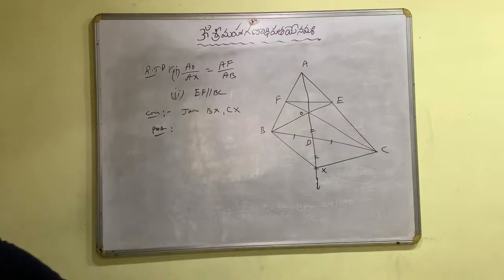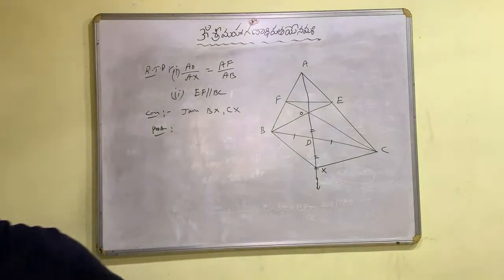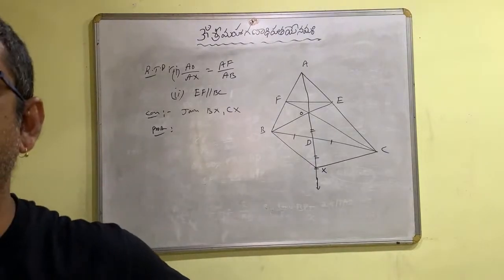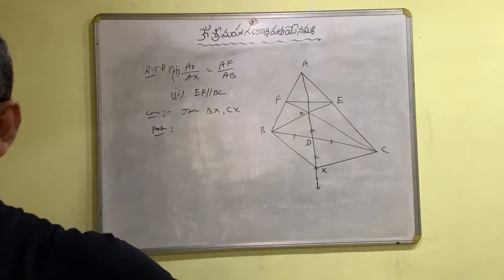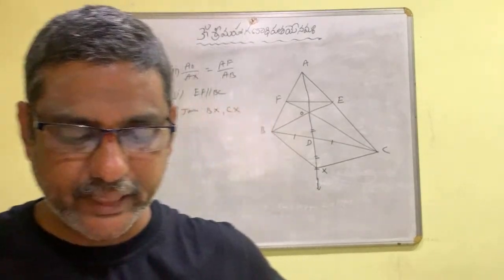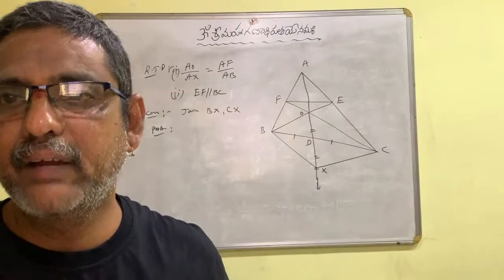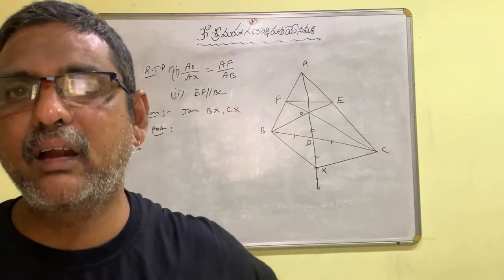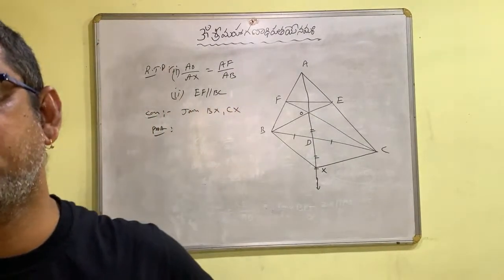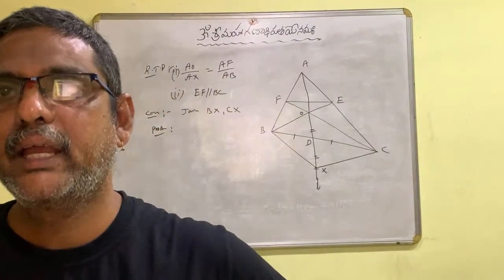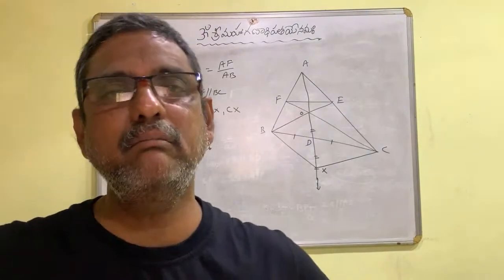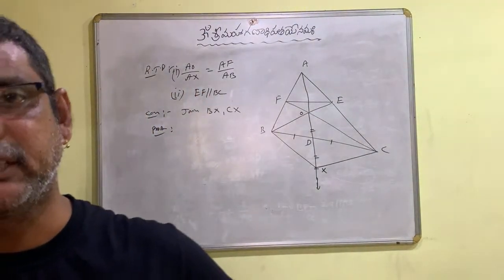Yes, diagonals bisect each other. Maybe my drawing was not good. But if you see the figure in the textbook, you cannot find one diagonal longer and one diagonal shorter. Basically it is a parallelogram, because in a parallelogram diagonals bisect each other.